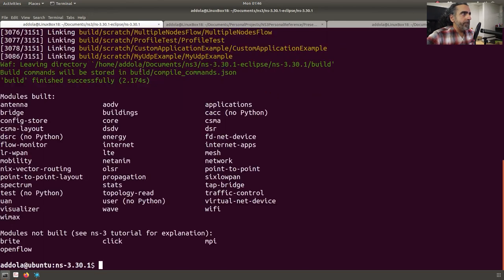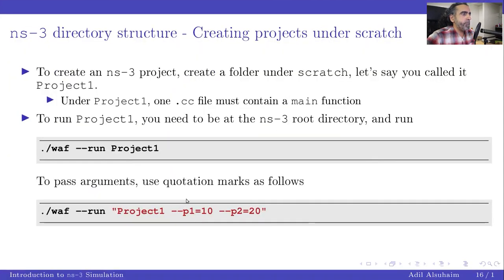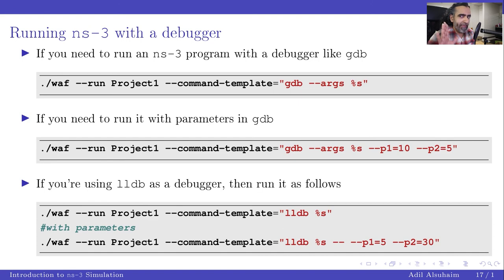Okay, moving back, if you want to pass an argument, you put the program name and the argument between quotation. And the way to pass an argument is that NS3 has a command line interface that is used to handle and parse the arguments, which I will show you later on in a bit.